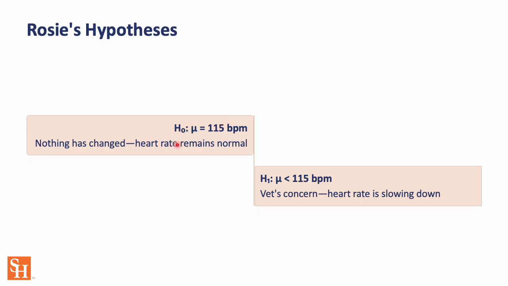That means the heart rate for the breed of dog is still 115 bpm, right? And under the alternative hypothesis, the vets' concern is that the heart rate is slowing down. That means probably the value of the population parameter has reduced. That means we are testing whether the parameter value is less than 115 or not, right?